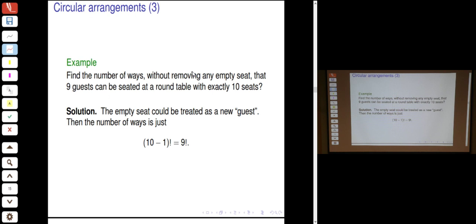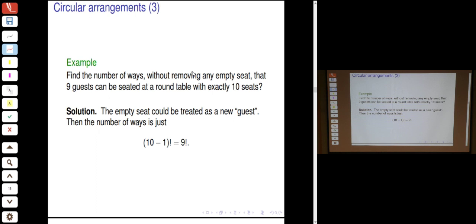So you notice that when you are doing counting problems, there are 9 different guests around a table and one chair is vacant. The vacant chair of course doesn't contain a human being, but for the purpose of counting, you can imagine that a vacant chair just represents a 10th guest, right?